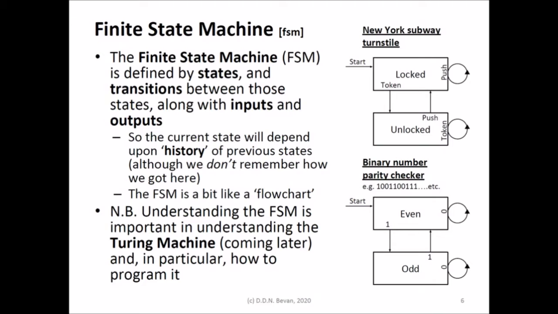Now, finite state machines can do things which are really useful in communications and computing. For example, a parity checker. This is often used in communications where you have, for example, 7 bits of an ASCII character, and you want to add a parity bit to check there have been no errors, and you want some machine at the receiving end, if you're sending it over a link where there could be errors, to check that the parity is as it was when it was sent. A very simple state machine can do that sort of task.